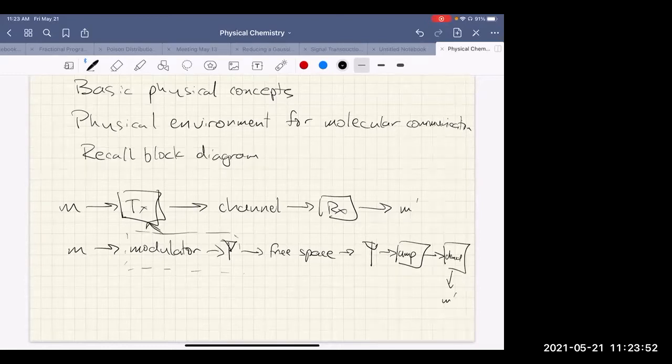So there's your transmitter. You could argue that all of this is the channel because the free space imposes certain constraints on how radio waves can propagate, and the noise, we generally imagine the noise coming from the amplifier. And then the demodulator can be thought of as the receiver. And then out of the demodulator, we make an estimate of the message, and hopefully M and M prime are the same thing.